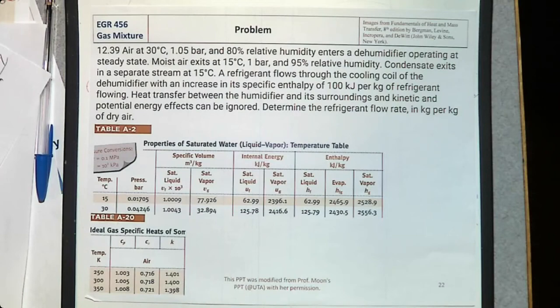So in your exam 1 for this chapter 12, you are going to see one of these 3, maybe 1 or 2. And similar questions will be asked, like please use the mass balance equation to determine any unknown, or energy balance equation to determine any unknown, or entropy balance equation to determine the rate of entropy production.